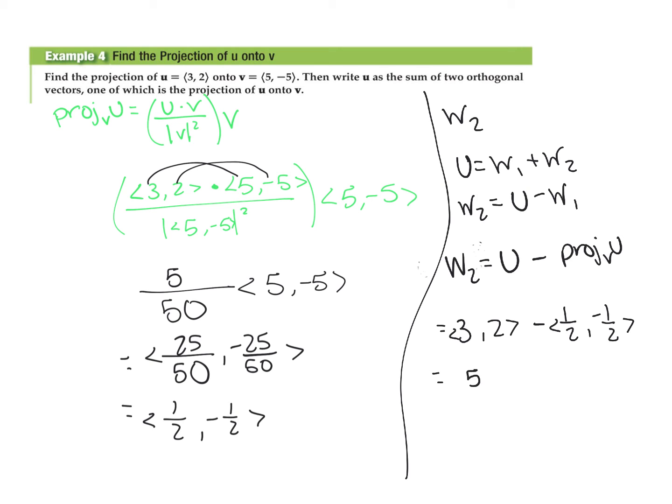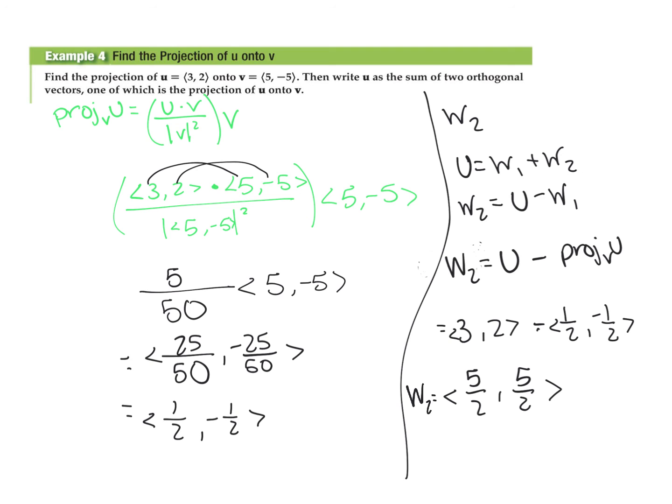Writing that in fraction form, that's 5 over 2. 2 minus a negative 1/2 is 2 plus 1/2, which is 5 over 2. And we can go ahead and I'm going to move this equal sign over. And we're going to write this as W2 equals (5/2, 5/2).